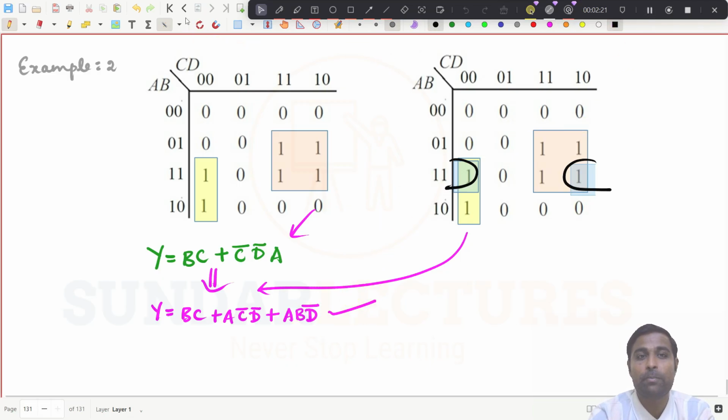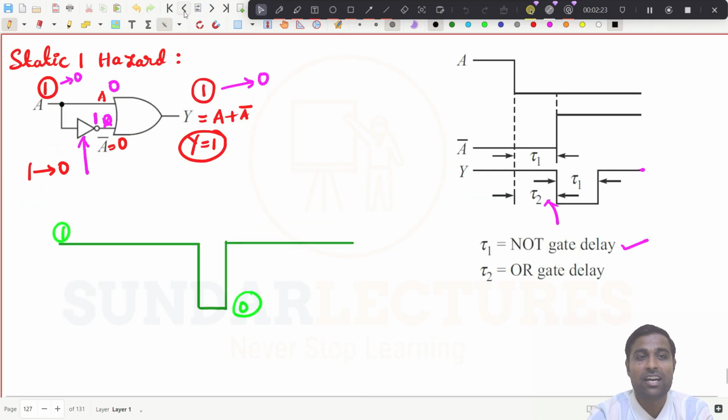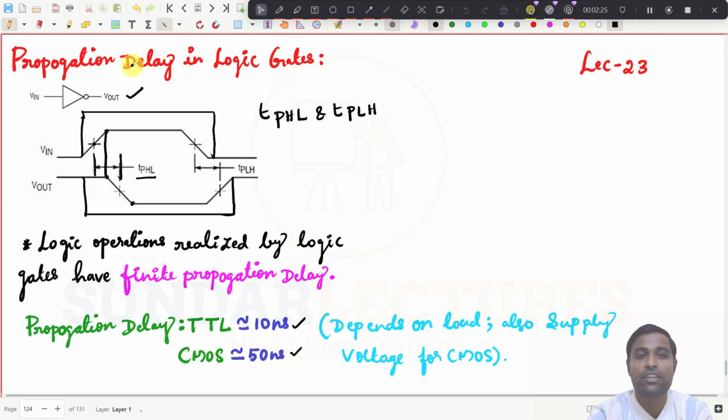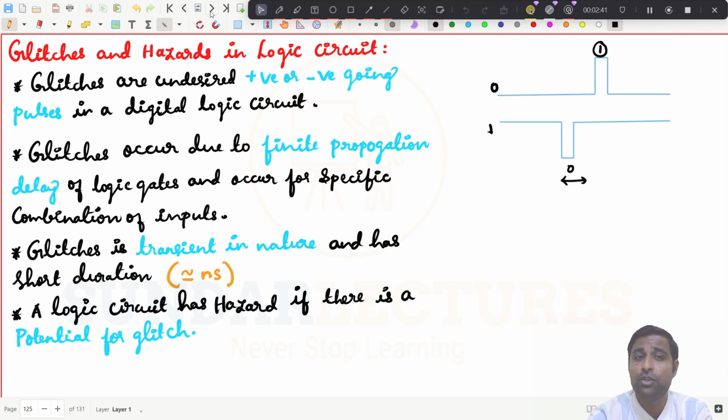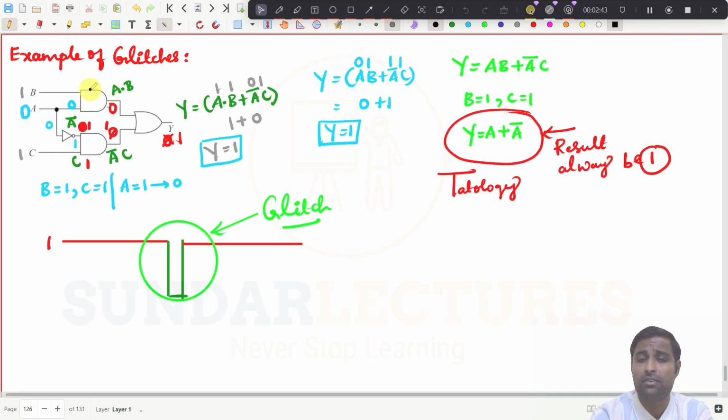So what are all the topics we have seen in this class? See, we have started with the propagation delay, and I have explained what the propagation delay is. And then we have seen glitches and hazards in the logic circuit. What are glitches? Undesirable positive or negative pulses in the output of the logic circuit are called glitches. And we have seen two different hazards. Before that we have seen what glitches are and how they happen with an example circuit.